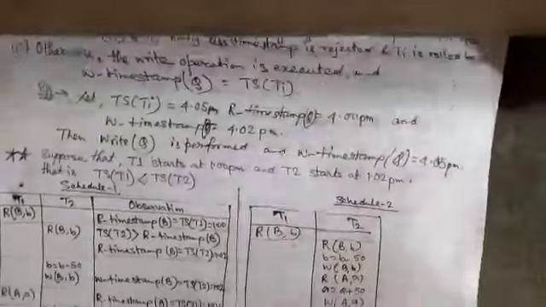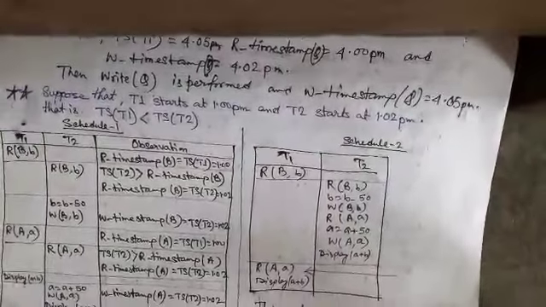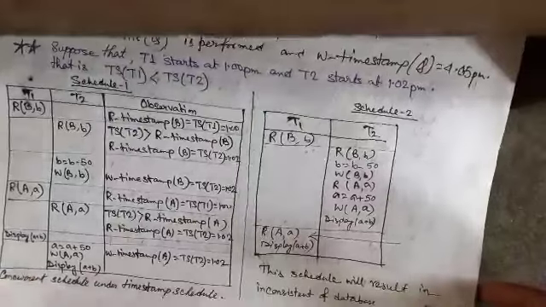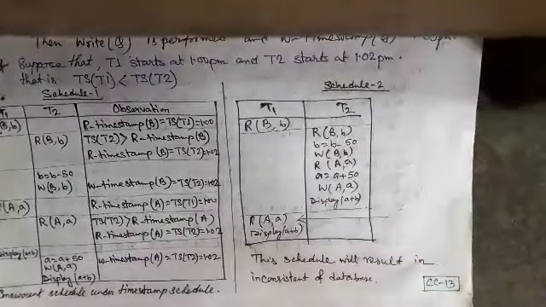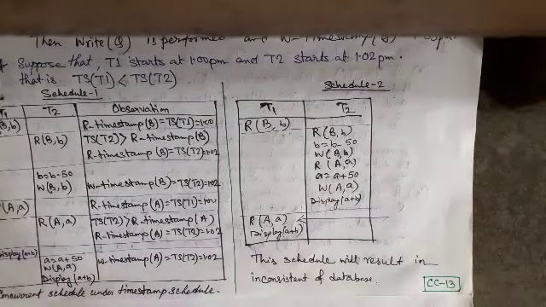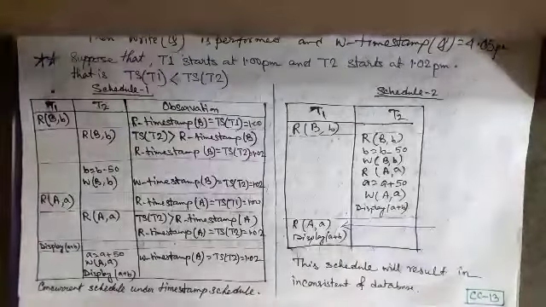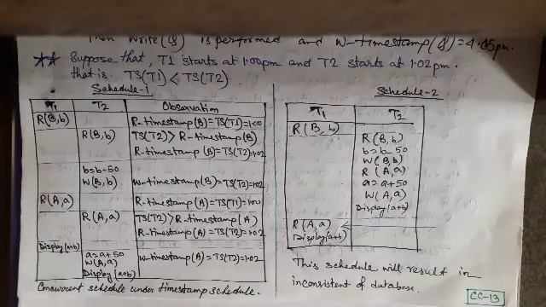Now here we see the timestamp ordering protocol for schedule 1, where T1 starts at 1 pm and T2 starts at 1.02 pm. So the timestamp of T1 will be 1 and the timestamp of T2 will be 1.02.